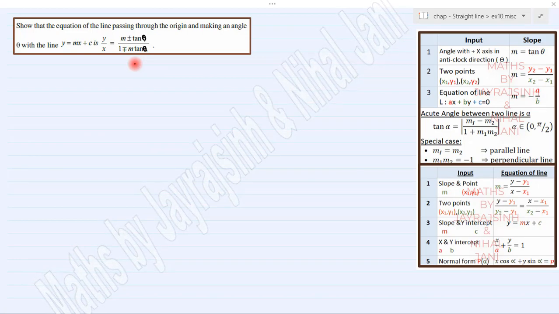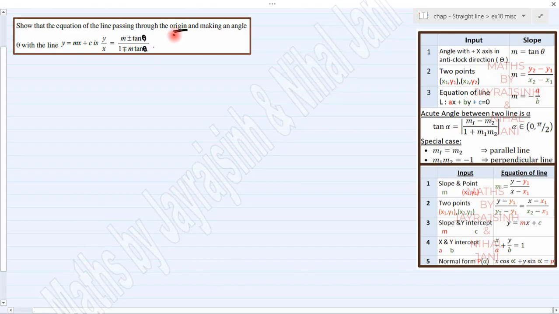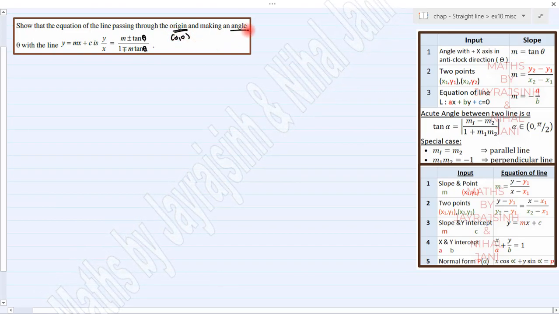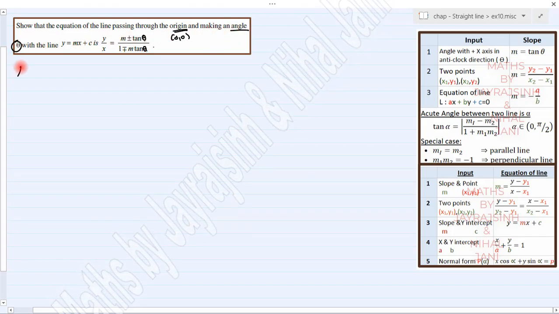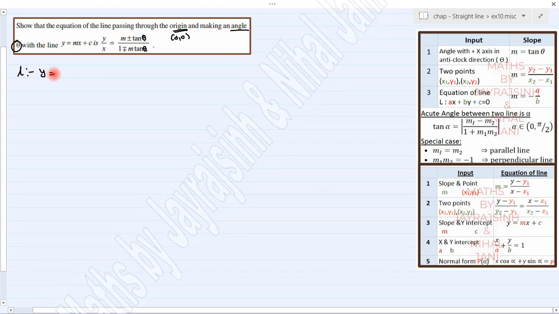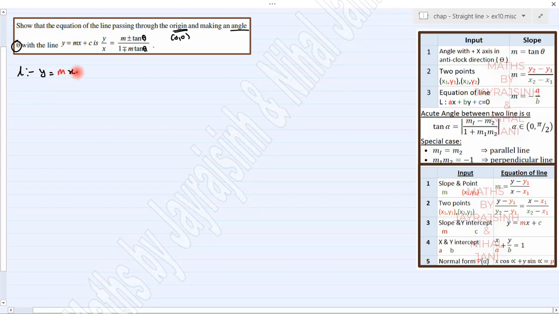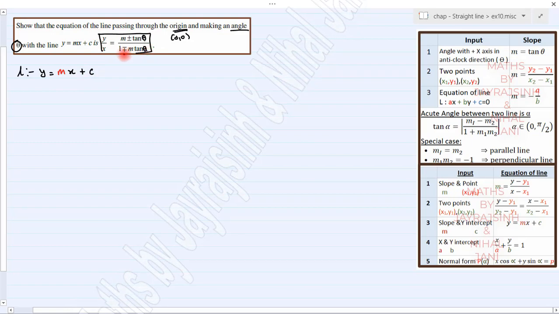In this question, we have to show the equation of a line passing through the origin. That means your given point is (0, 0), and making an angle of theta with the line y is equal to mx plus c is given by this equation. So we have to prove it.